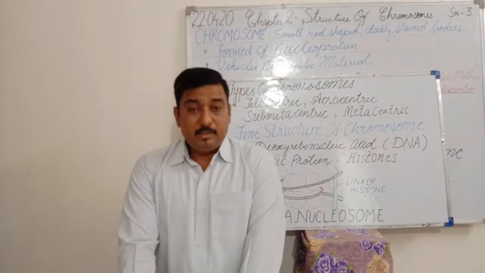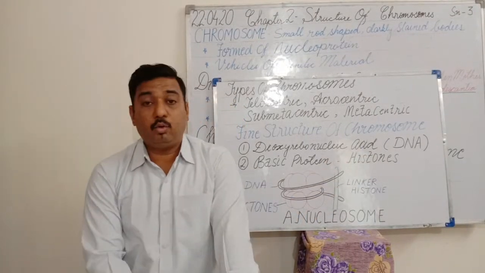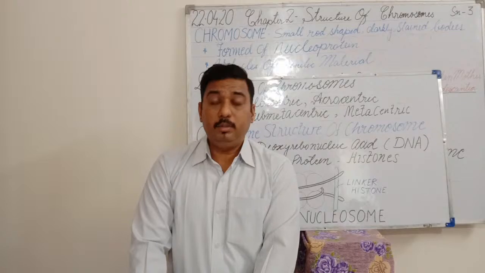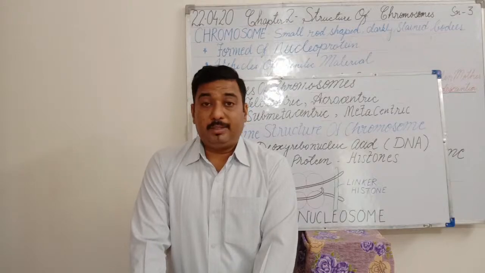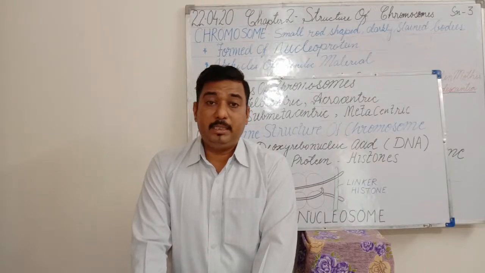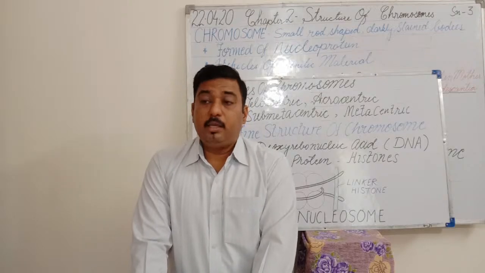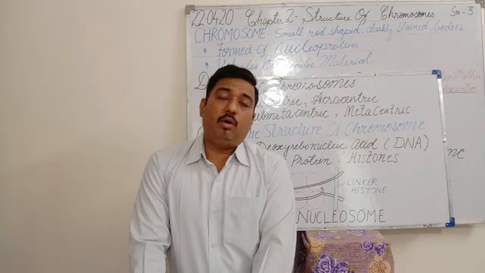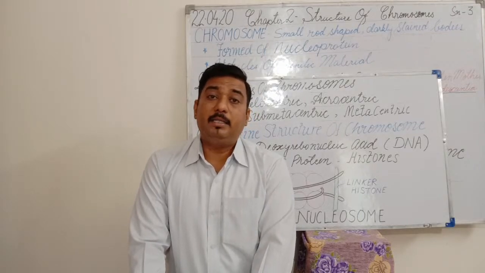Structure of DNA. DNA is a macromolecule, a big molecule, and it is formed of 2 polynucleotide strands. These strands are complementary and anti-parallel to each other. The ends of the DNA strands are represented by 5 prime and 3 prime.